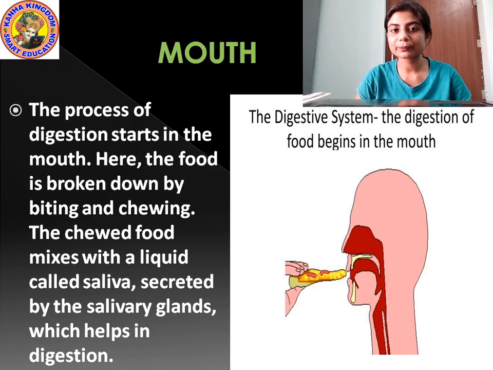The food that we eat, first we have to chew it and break it down into smaller pieces inside our mouth. And that food gets mixed with the saliva. Saliva is the watery substance inside our mouth.